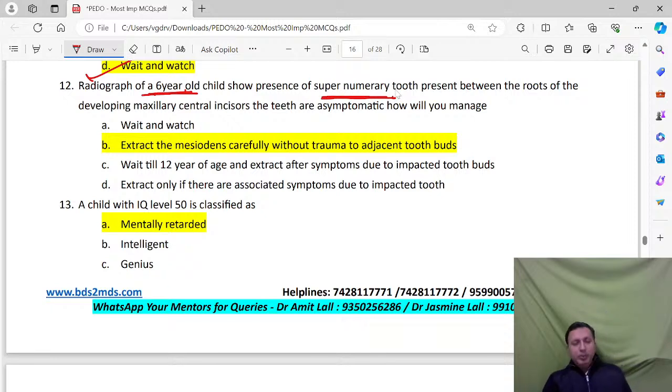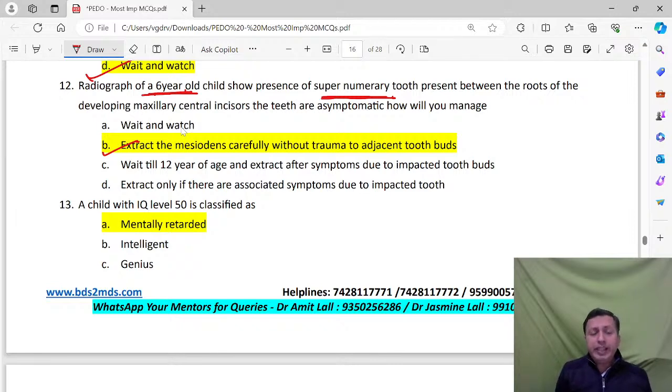Now whenever we see a mesiodens or any supernumerary tooth, the first and foremost thing that we need to do is just extract it, because that will cause a hindrance in the path of eruption of the permanent incisors. So never wait and watch; extract the mesiodens carefully without causing trauma to the adjacent tooth buds.